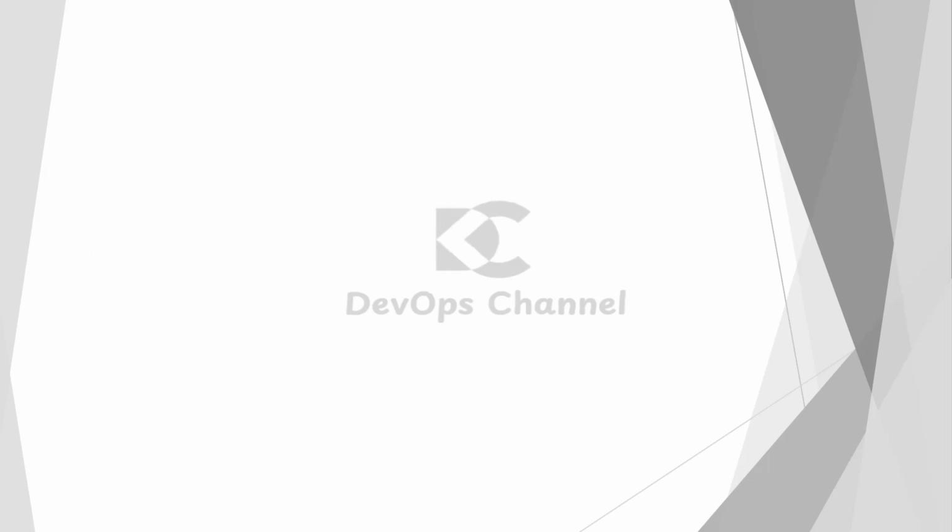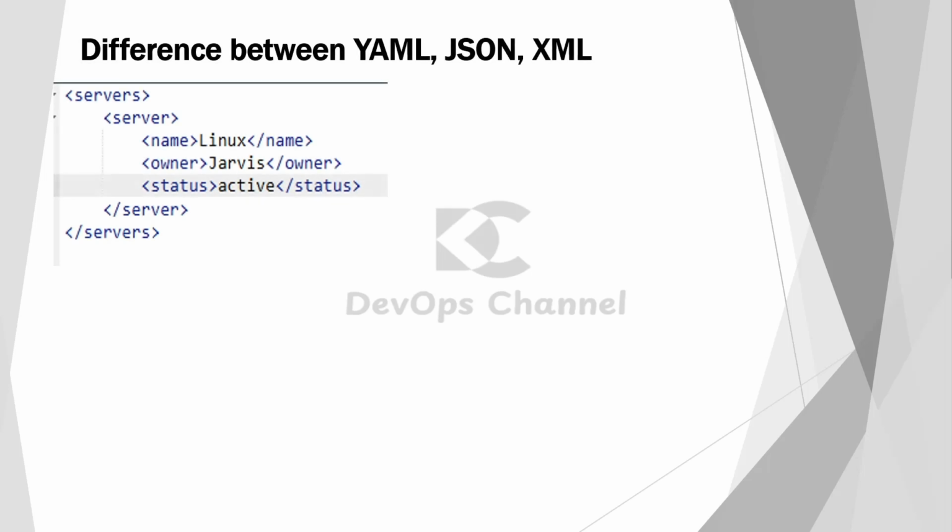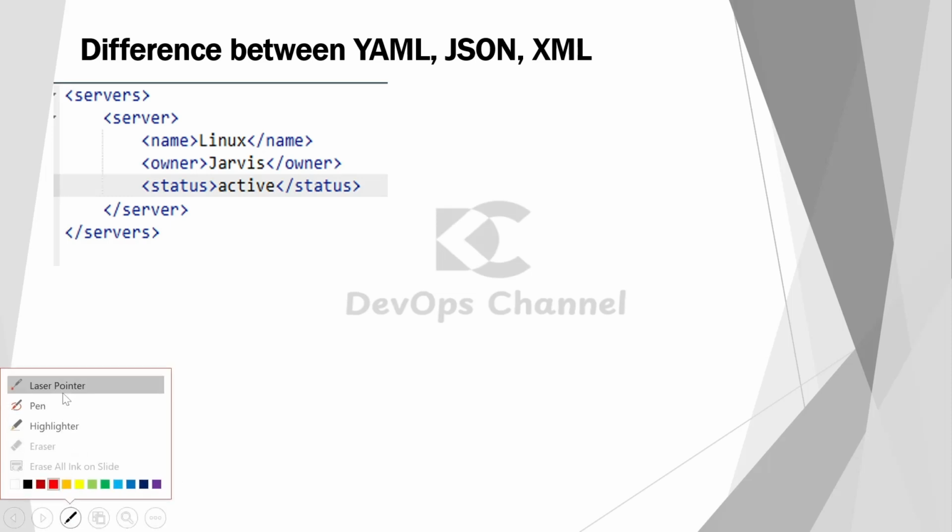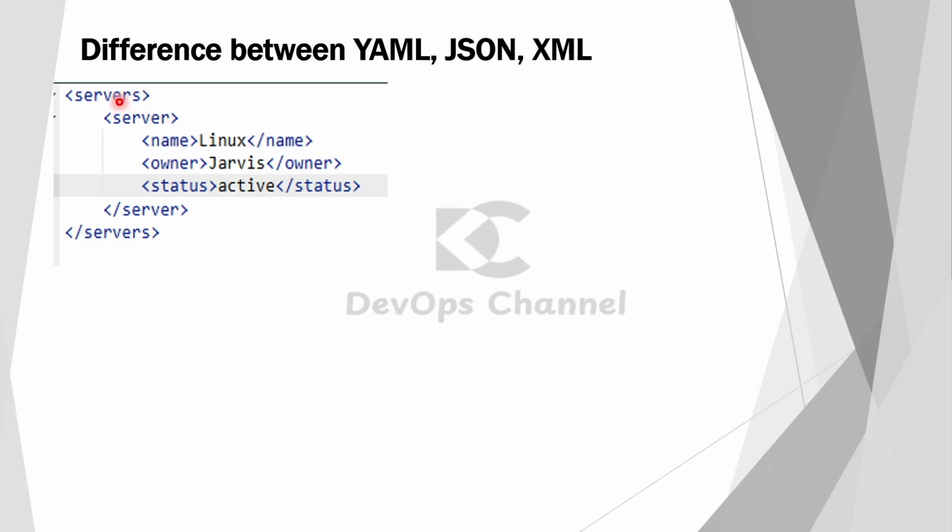Before moving forward, let's take an example to understand YAML, JSON, and XML. We will write the same content in each of these languages and see how YAML is lightweight. Here is an example of an XML document. First it is written in a block, then there is a sub-block, and then there are three properties: name, honor, and status, and you have to enclose them in the property tags.